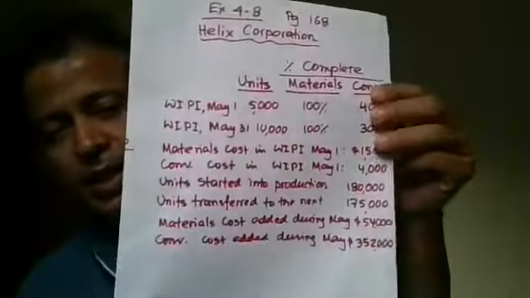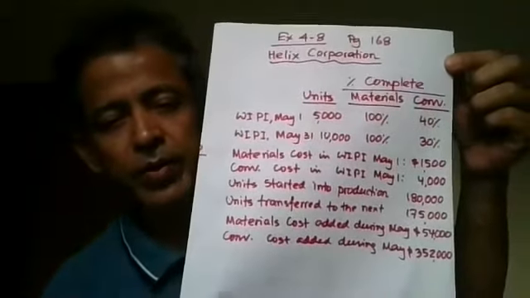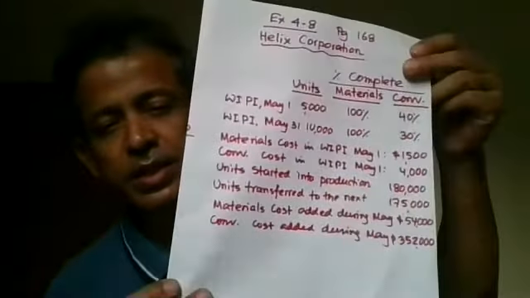And number three is to compute their cost of ending work in process and the cost of what's being transferred. So that means the costs we needed to account for, and we're trying to see how we account for those costs. These are the highlights of the question, and it might be useful for understanding the discussions later.